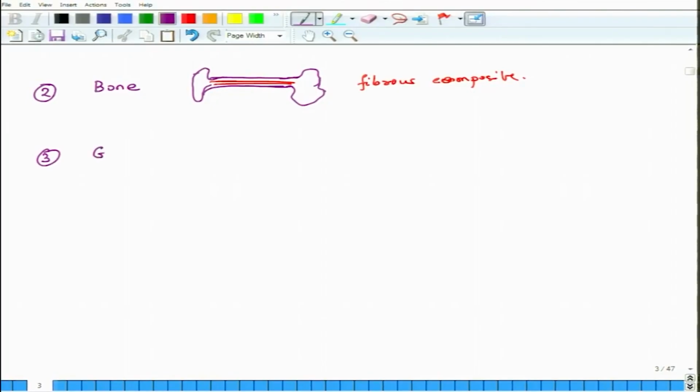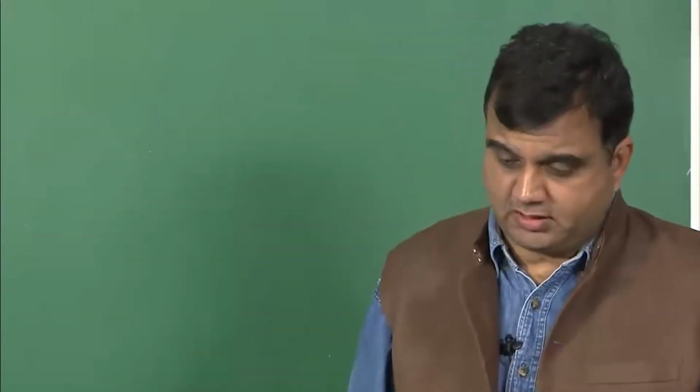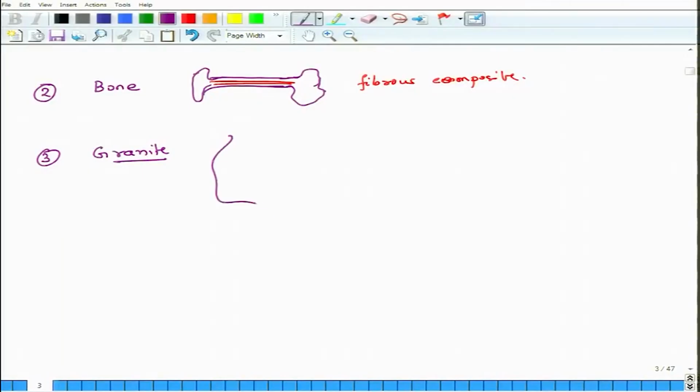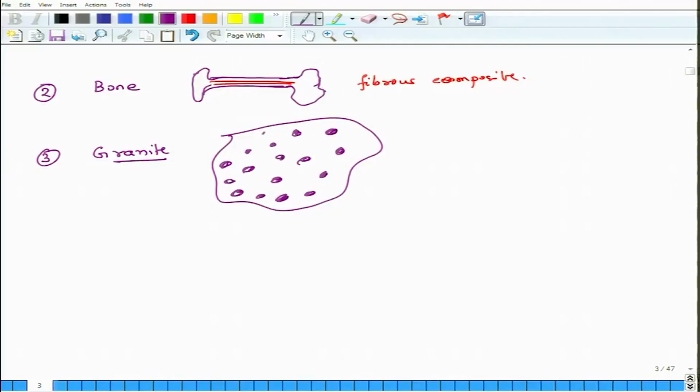Another example would be granite. The other two examples, bone and wood, are from biological systems, but granite is not from a biological system. But if you look at a piece of granite, some piece of a rock, and if you cut it or even from outside, you will see it is a mixture of different materials, and you can see these different materials.